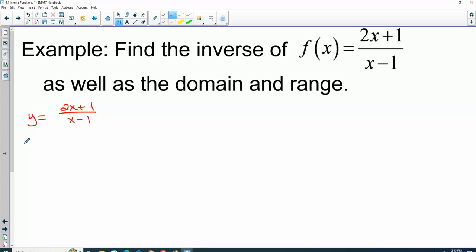Then, inverses switch x and y. So instead of y, we write x. Both of these x's become y's. I want to solve for y now. What should I do first?